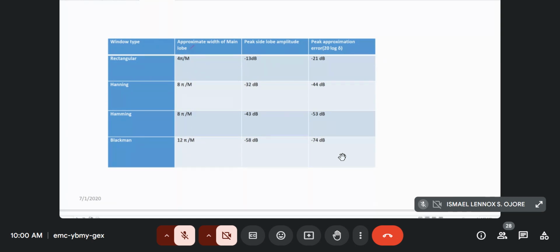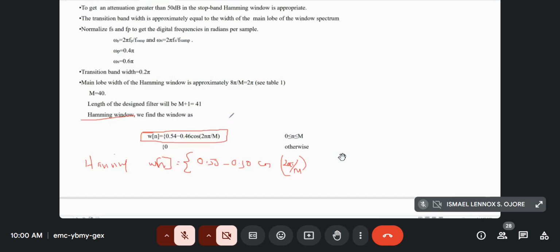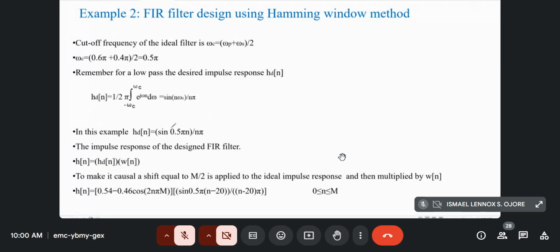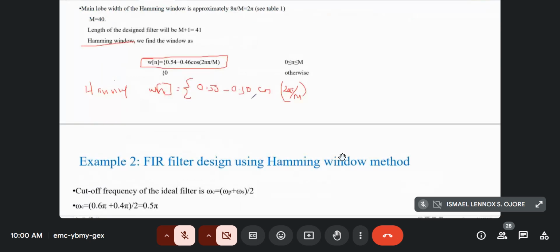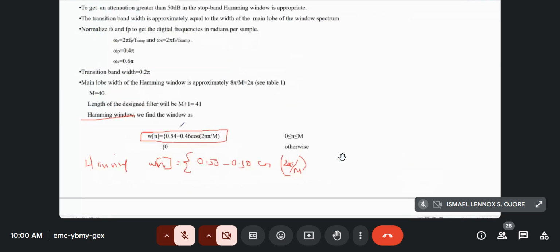So depending on the width you want, in our case here, which we are going to look at in the next class, we were looking for a transition width of 0.2π.